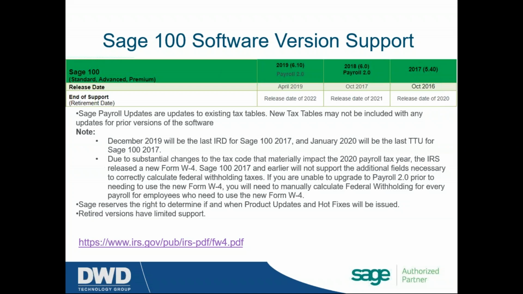Okay, so again, I do want to bring it to your attention that there are going to be some data fields now on a new W-4 that will not be able to be entered into 2017, and that's why that second note is there. But it will still calculate your federal withholding based on the criteria that you entered in 2017.